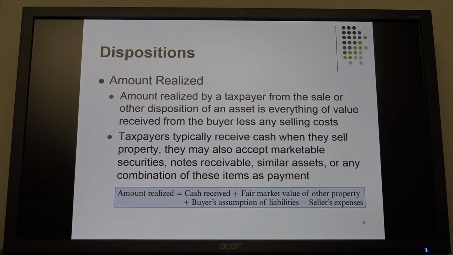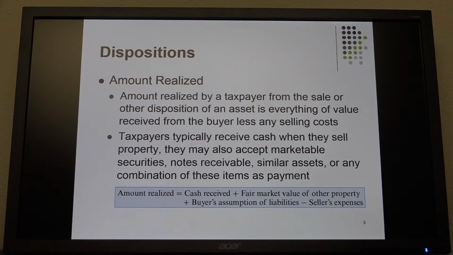And so this property that is sold for $20,000 is subject to a $10,000 liability. What is the buyer going to give the seller? And the seller is the taxpayer in this instance. Well, if it's an arm's length transaction in that scenario, what the buyer would give is $10,000 of cash received if they're assuming a liability of $10,000 also.